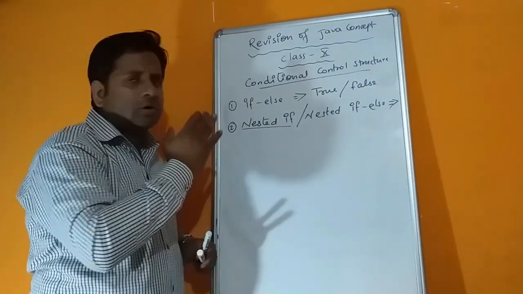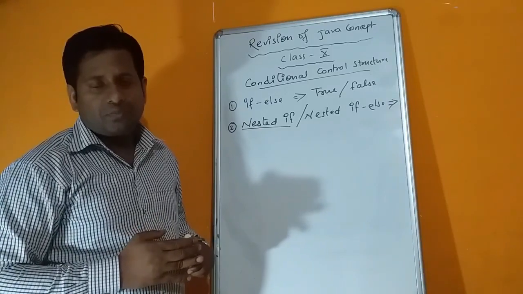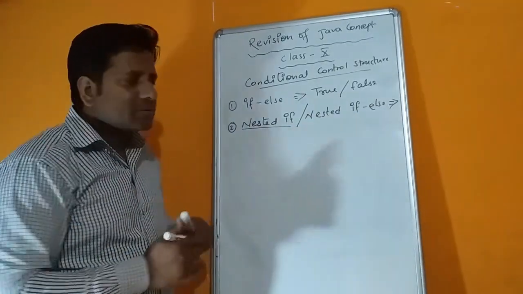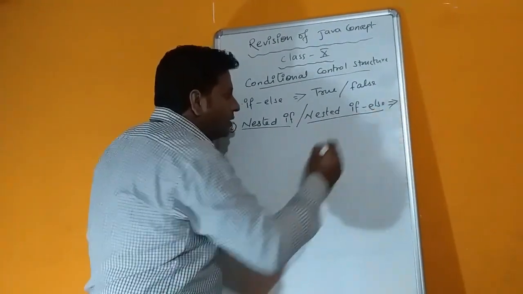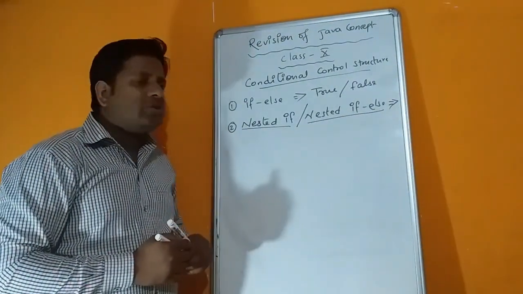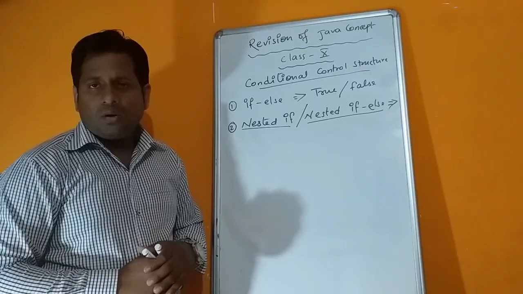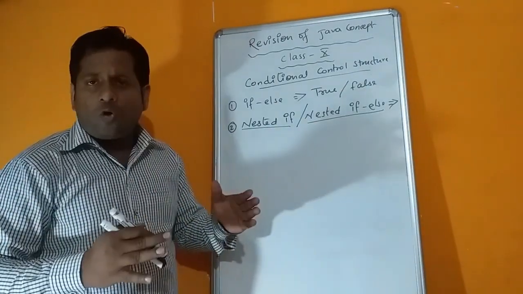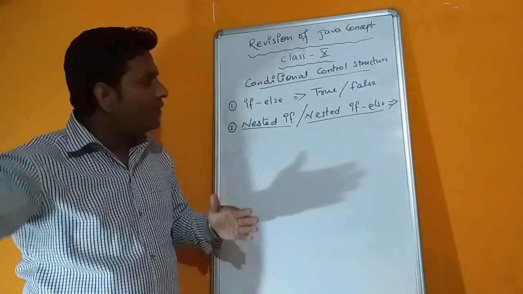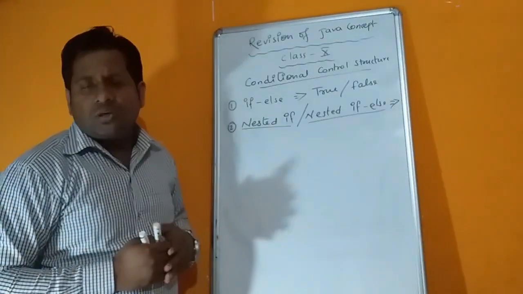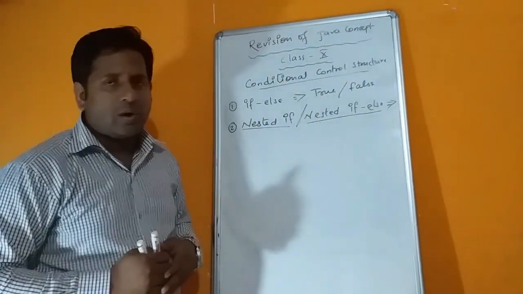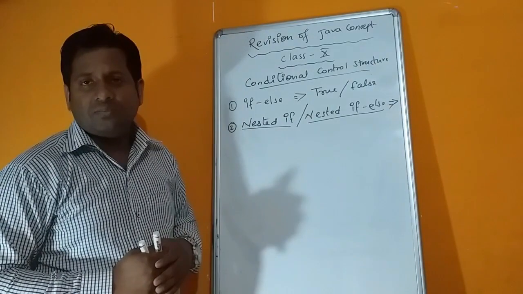It will not check for the false statement. Whereas nested if else focuses on a statement which has more than two conditions. There may be true, there may be false, again true, again false. So when you have more than two conditions, you use nested.